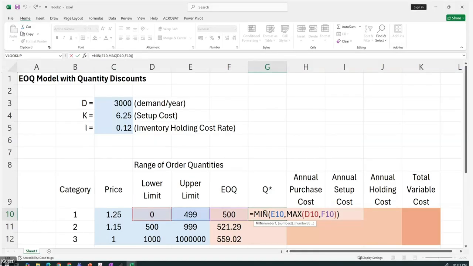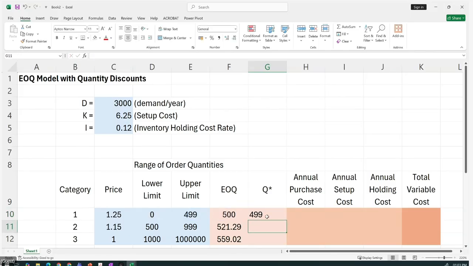I have to order a minimum of either the upper limit or the maximum of 0 at the economic order quantity, right? So in this case, I cannot order 500. Why?